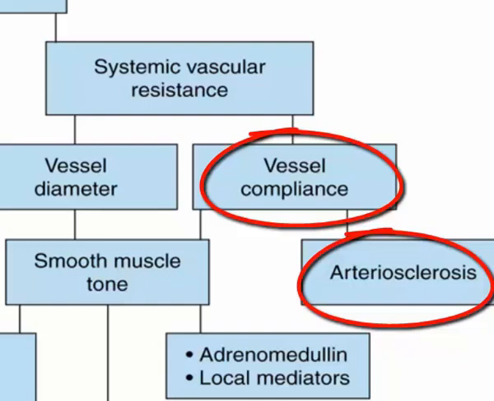When that fatty plaque builds up on the inside of the arterial walls, it stiffens the walls and therefore decreases the ability of the arterial blood vessels, which are smooth muscle, to expand and contract with each pulse, or heart rate, stroke volume basically.